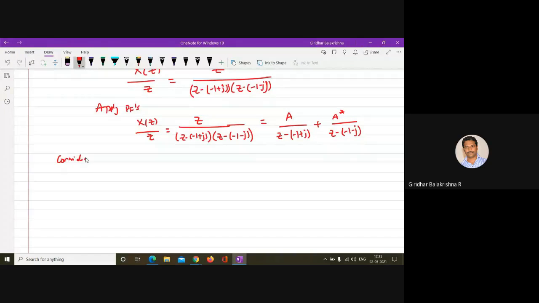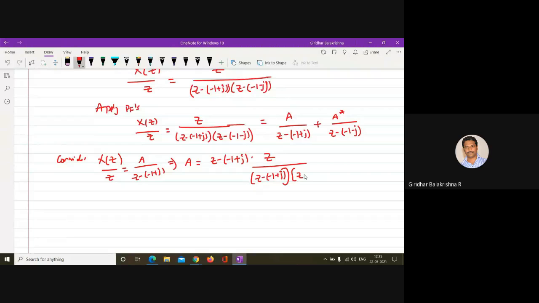Consider X of z by z equal to A by z minus of -1 plus j, which means A is z minus of -1 plus j into X of z by z, which is z by z minus of -1 plus j into z minus of -1 minus j.